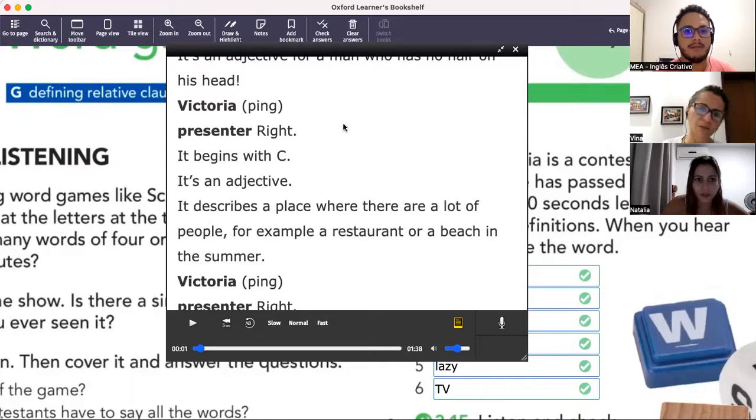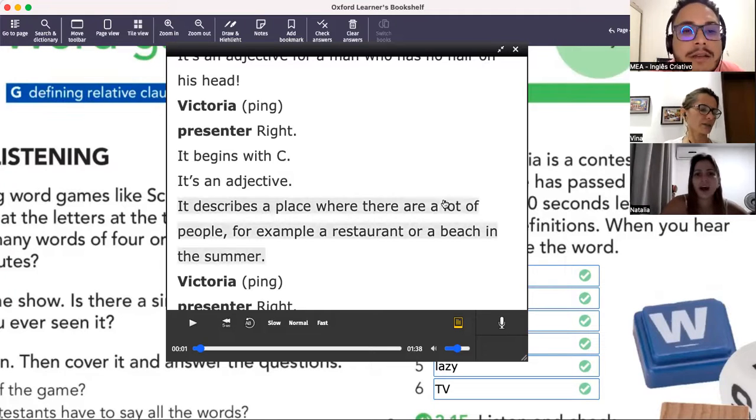It begins with C. It's an adjective. It describes a place where there are a lot of people. For example, in a restaurant. For example. Example. Tá vendo X agora? For example, a restaurant. Não, você disse example.